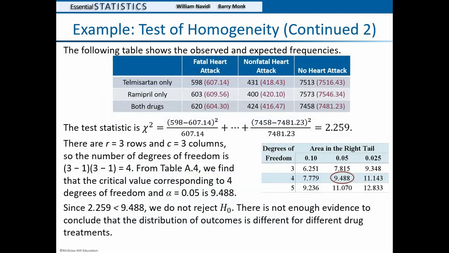Okay, so here was the observed. These are the expected. So now you have to go through and add up the differences squared, 598 minus 607.1, squared, divided by the expected. Here's the grand total, 70.